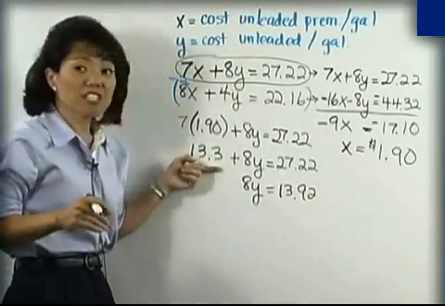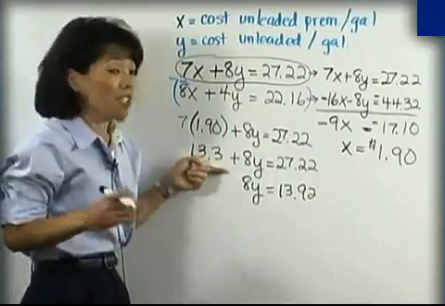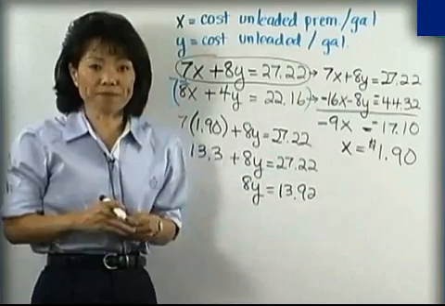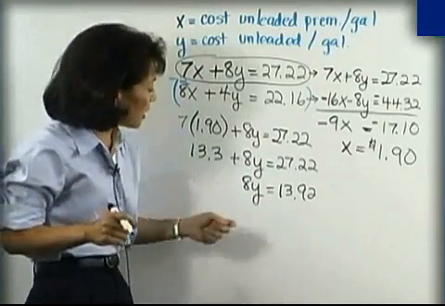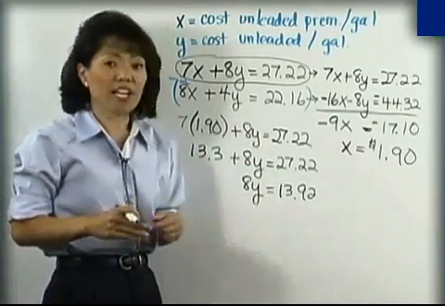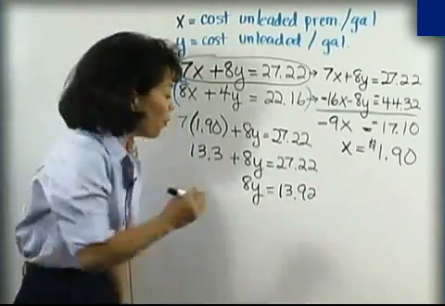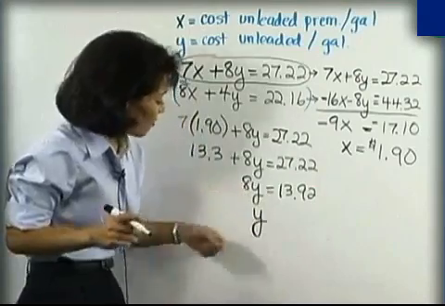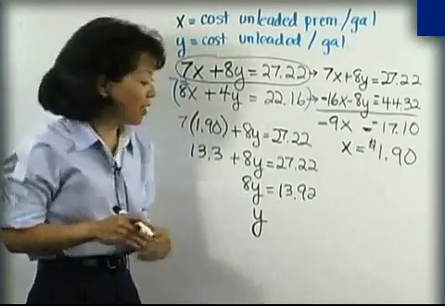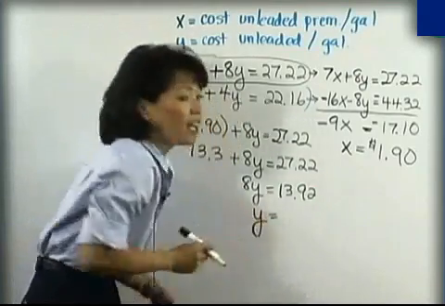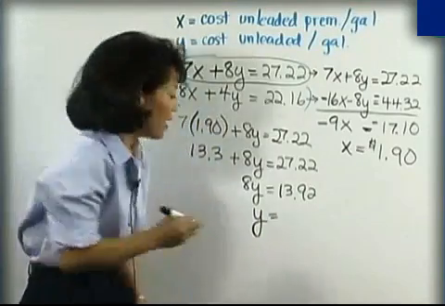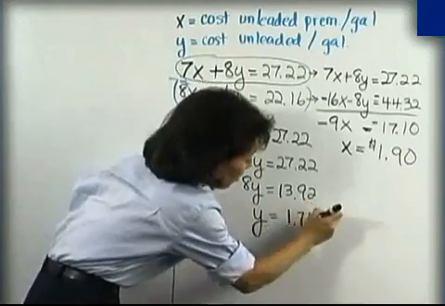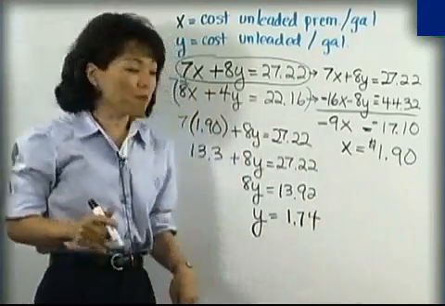I subtracted 13.3 from both sides of that equation. Finally, what I'm going to do here is divide both sides of my equation by 8. When I do, 8 divided by 8 gives me 1 on the left-hand side, and 13.92 divided by 8 gives me 1.74. So what does this mean?